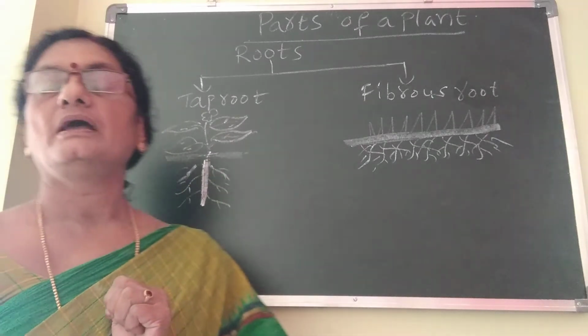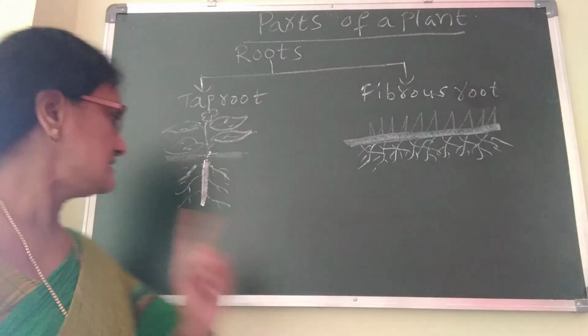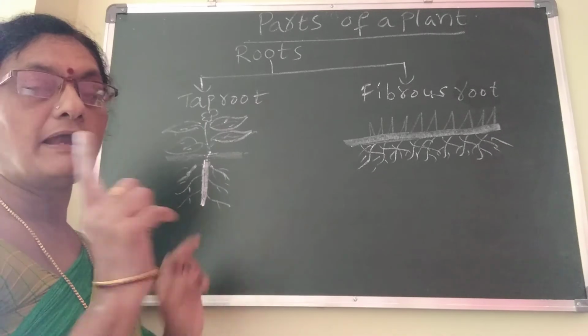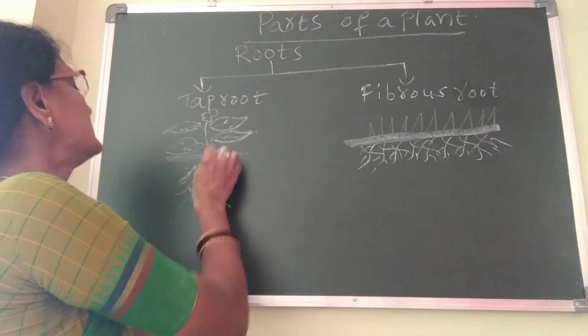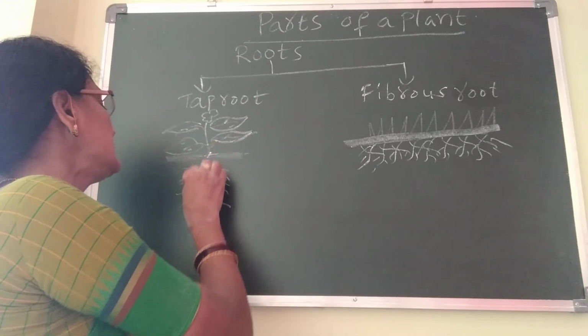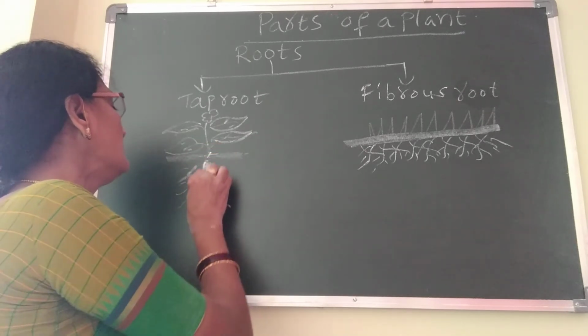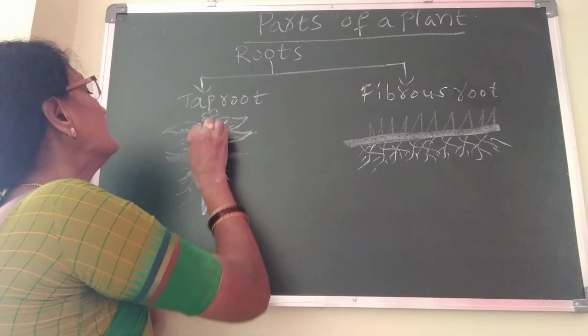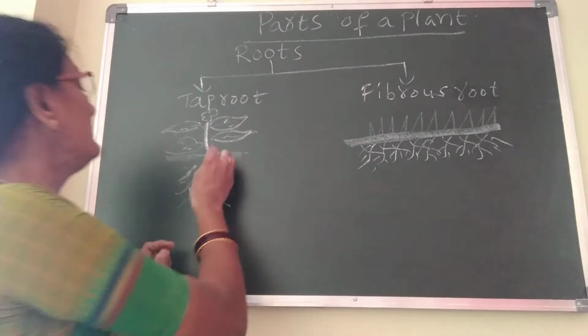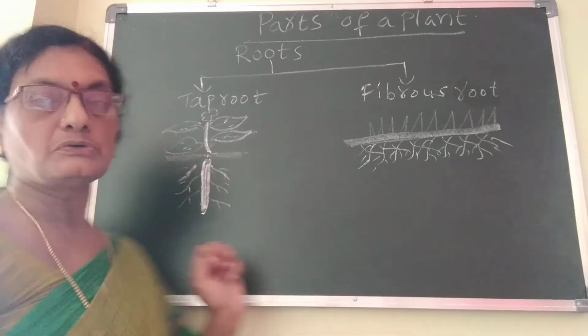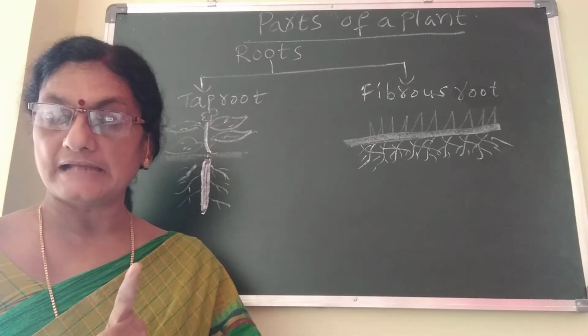Taproot. In some plants, one main root grows from the end of the stem. Look here, children. This is the main root. This is the stem. From the end of the stem, one main root grows in some plants.